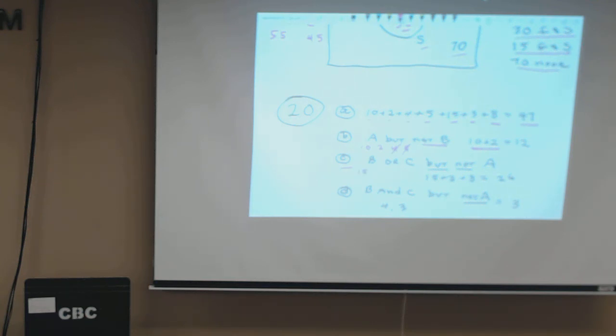But not A, that would take out 2, 4, and 5, wouldn't it? So that leaves 15, 3, and 8. So that'd be 26 people. Okay?